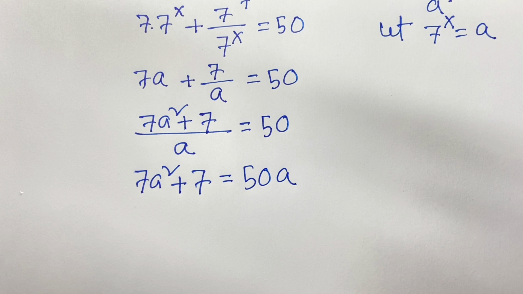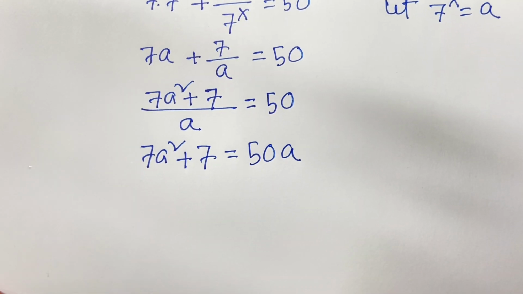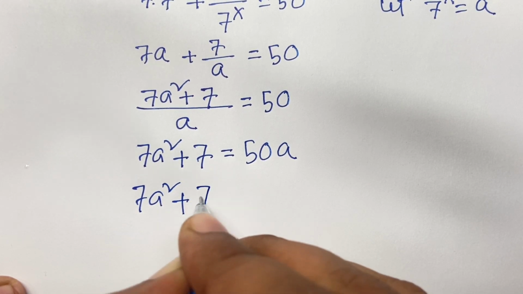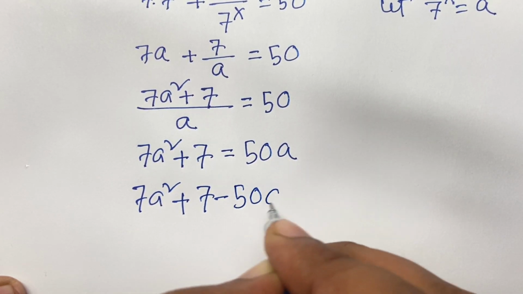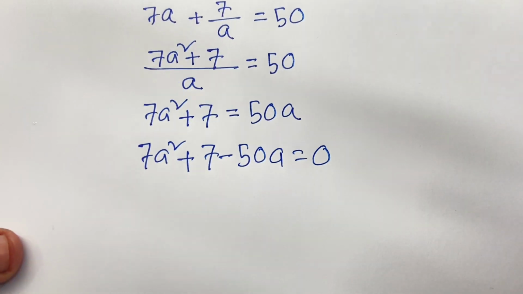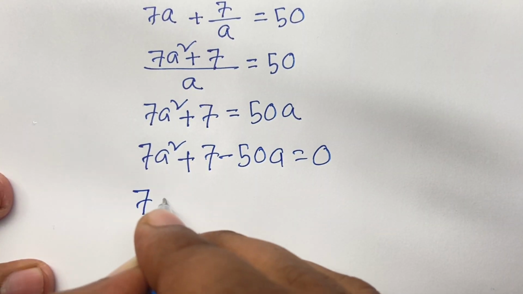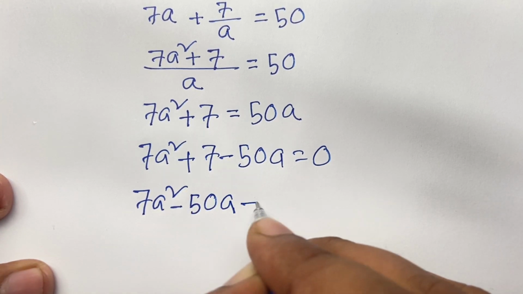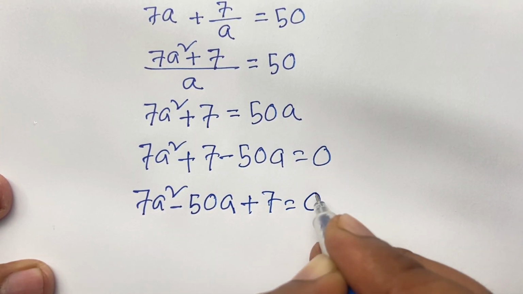Now I subtract 50a from both sides. This time I can say 7a squared plus 7 minus 50a equals 0. Now we have 7a squared minus 50a plus 7 equals 0.